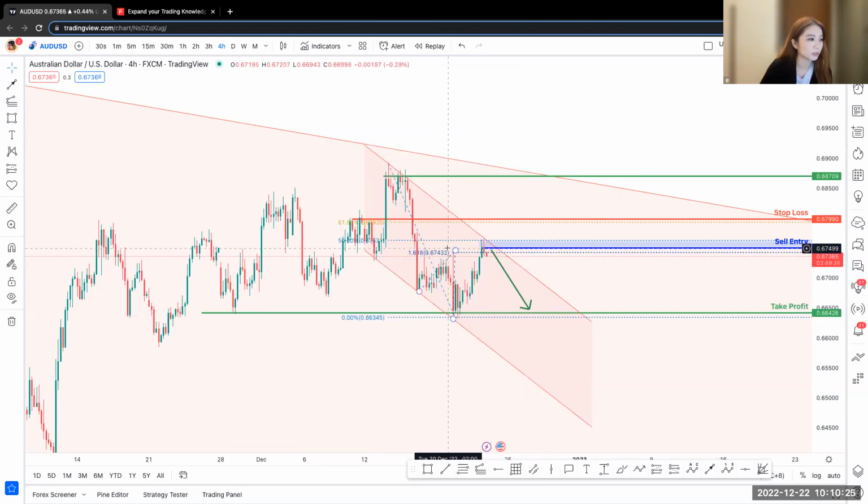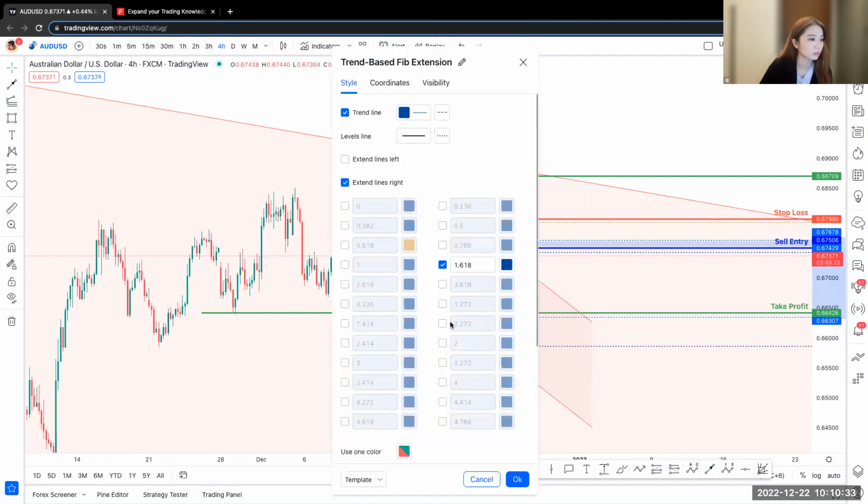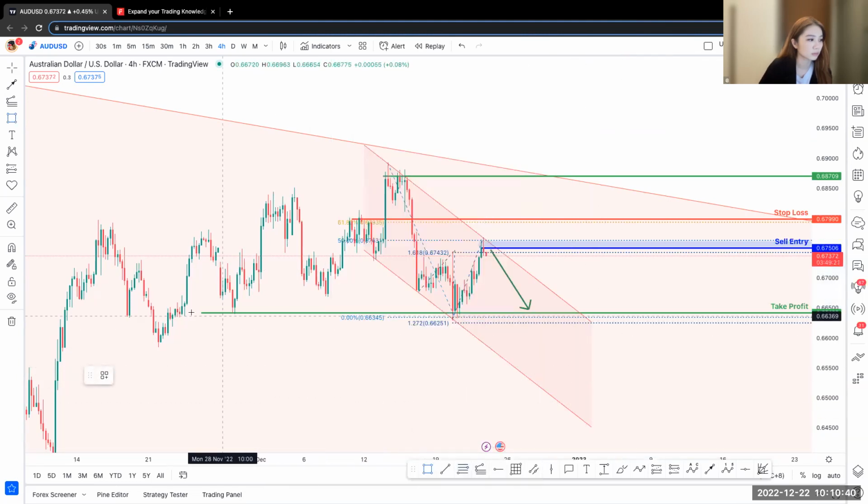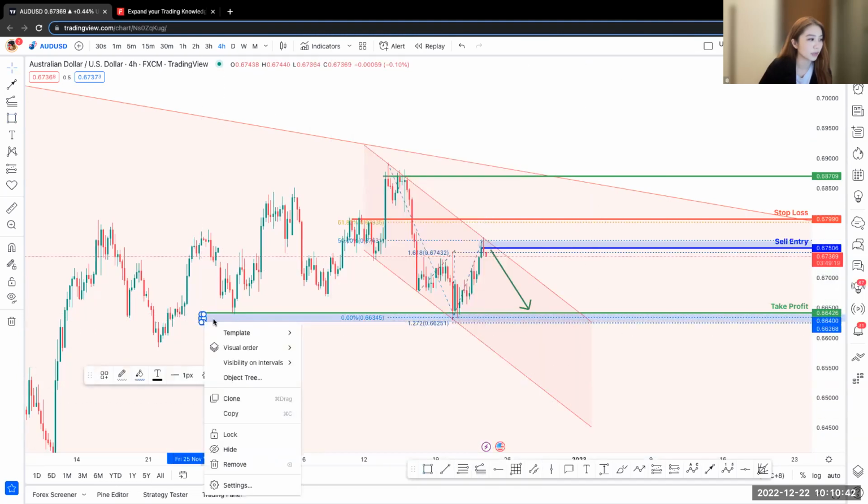The 161.8 touch point is to be turned down. So I'm using Fibonacci right now to mark out some of the lines that we already marked out based on price action.